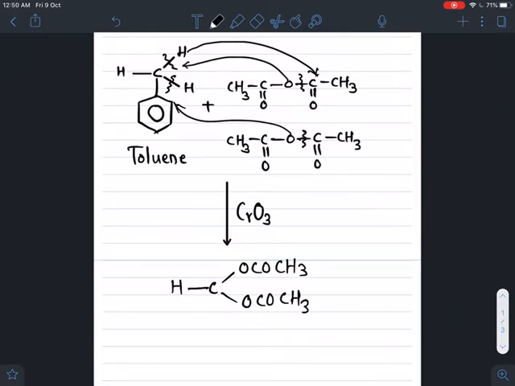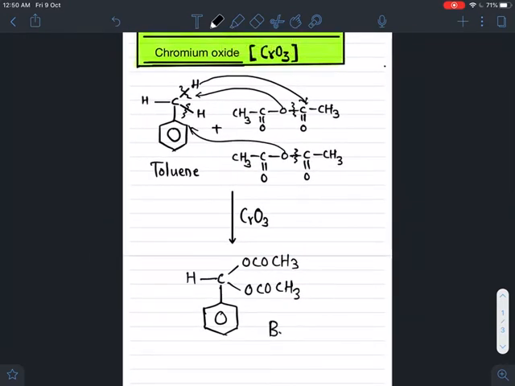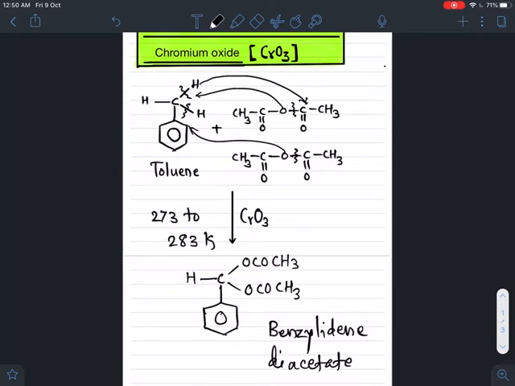The name of this intermediate compound is benzylidene diacetate. This reaction takes place in cold conditions, about 273 to 283 Kelvin, meaning 0 to 10 degrees Celsius, in the presence of CrO3.